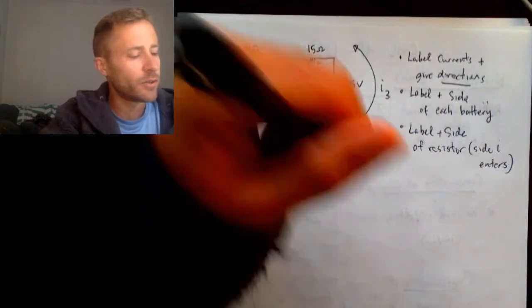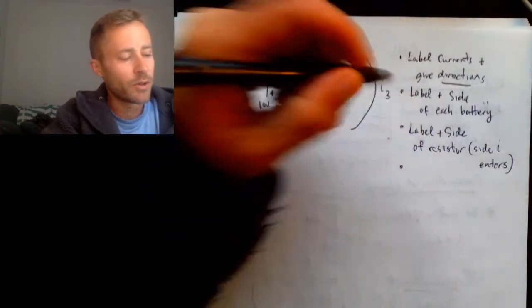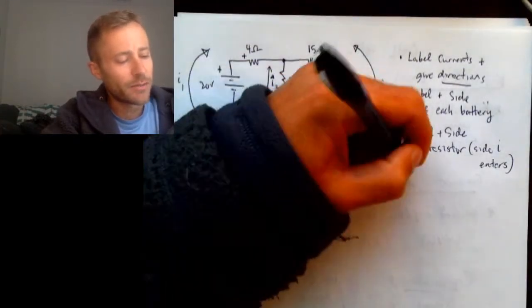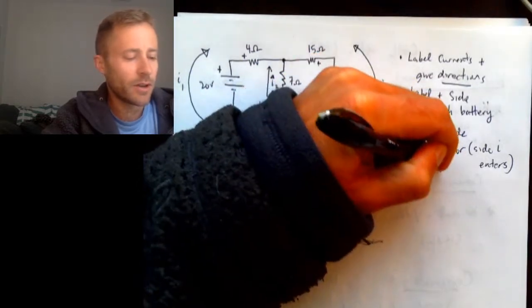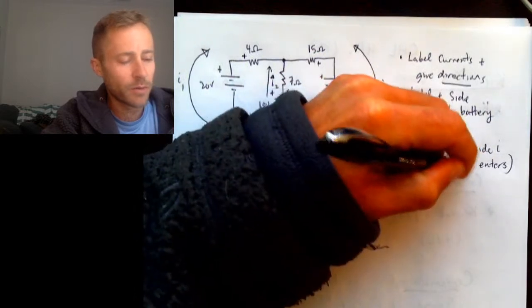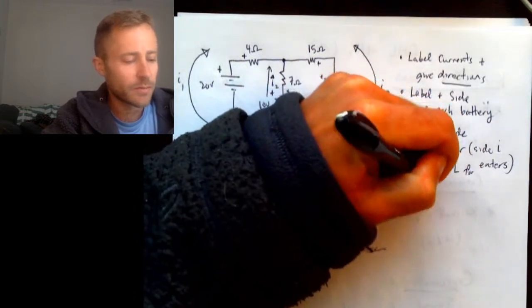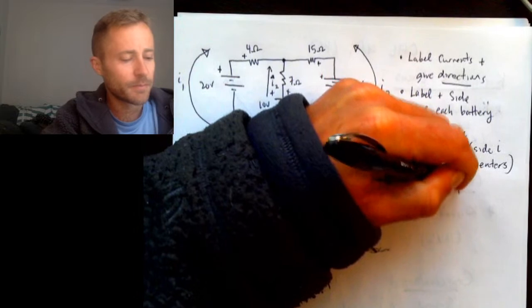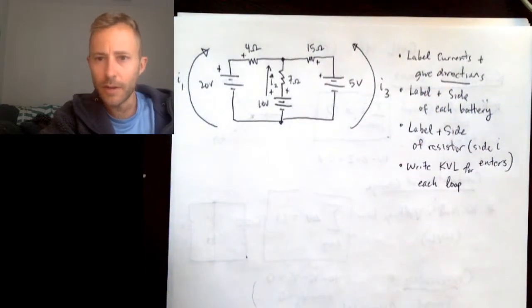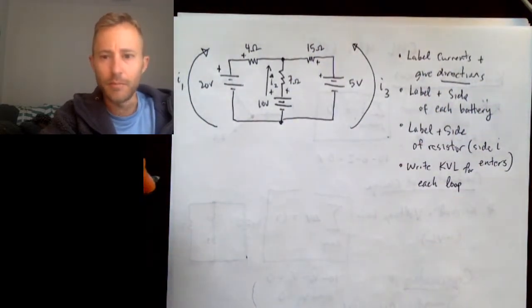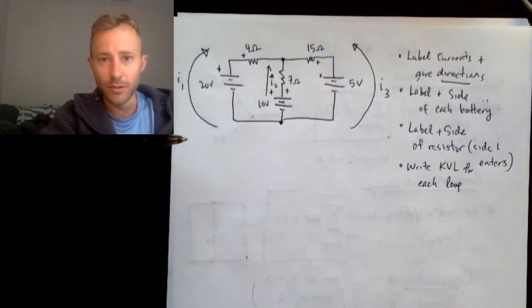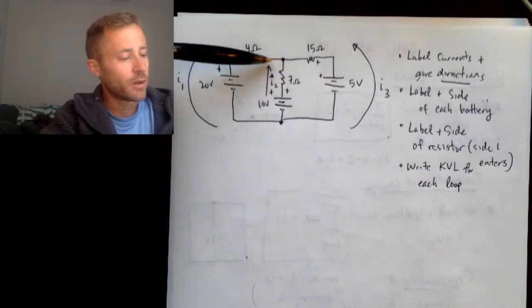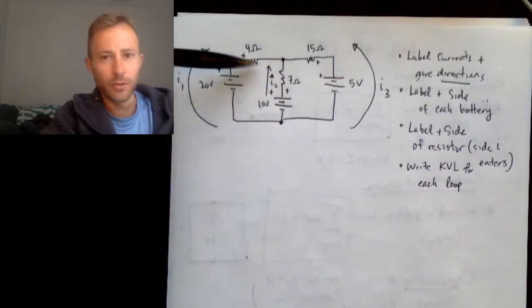So now what I'm going to do is write KVL for each loop. And so actually there are 3 loops in this circuit. I could do this loop.